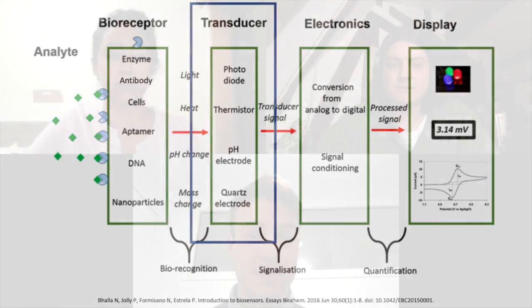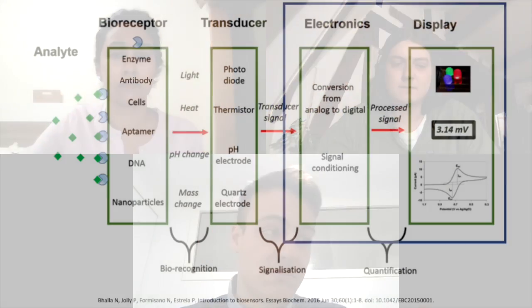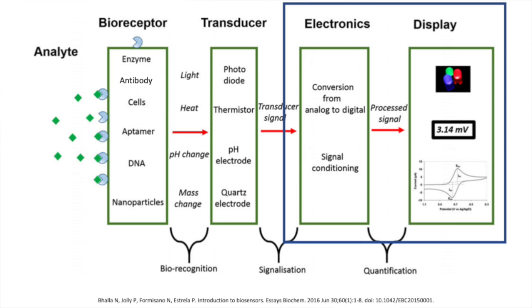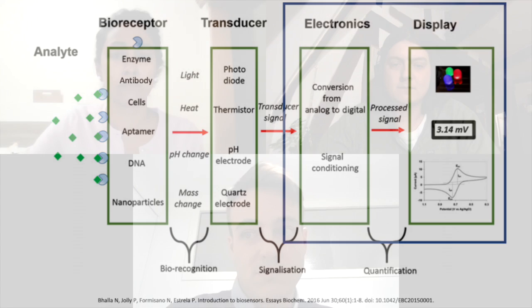The classifications can differ, but normally it is these three. And then we have the signal display, which tends to be either on a computer or just on the screen. And nowadays, it is more typical for it to be connected to phones as well.